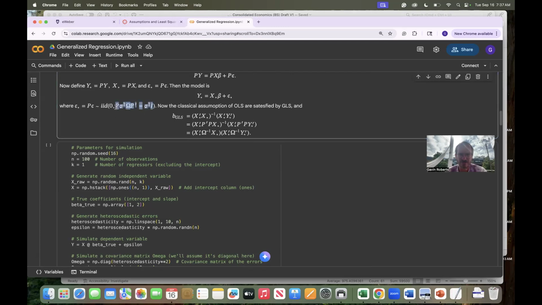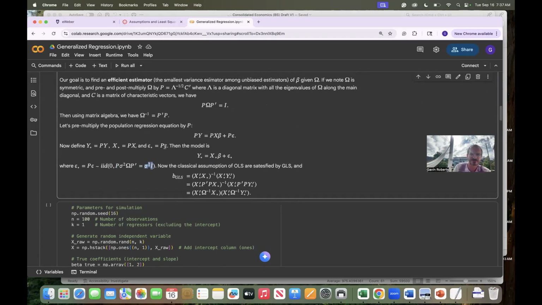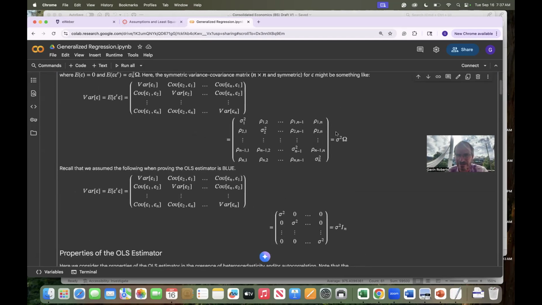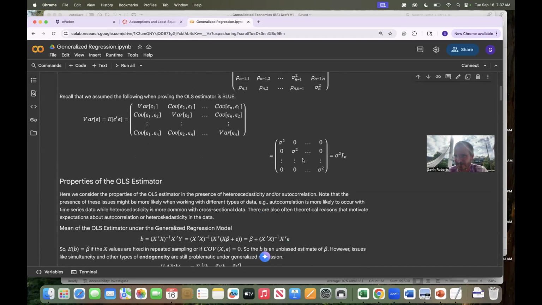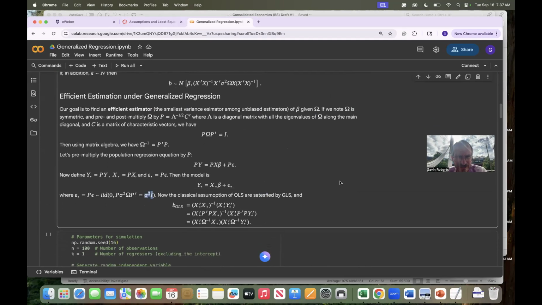And whoa, what's that? We've actually discovered that this pre-multiplication gives us back our spherical disturbance matrix. Essentially, we're just forcing, through this pre-multiplication, this matrix to look just like that matrix. That's fundamentally what's going on here.